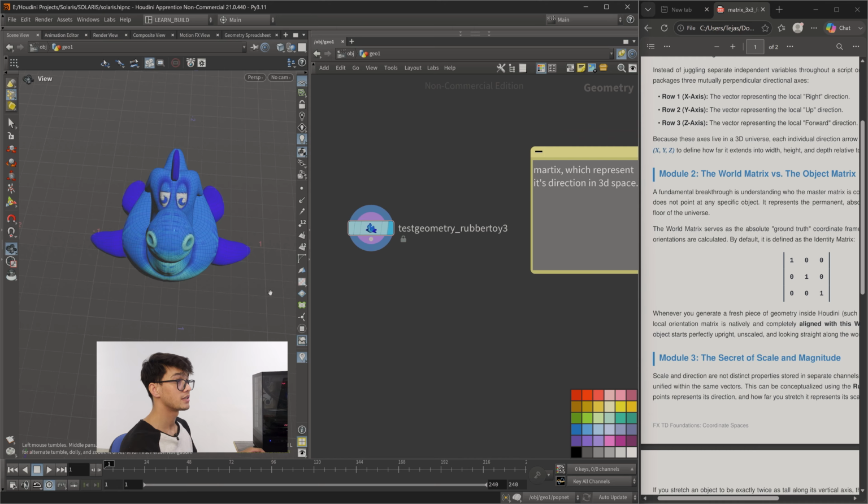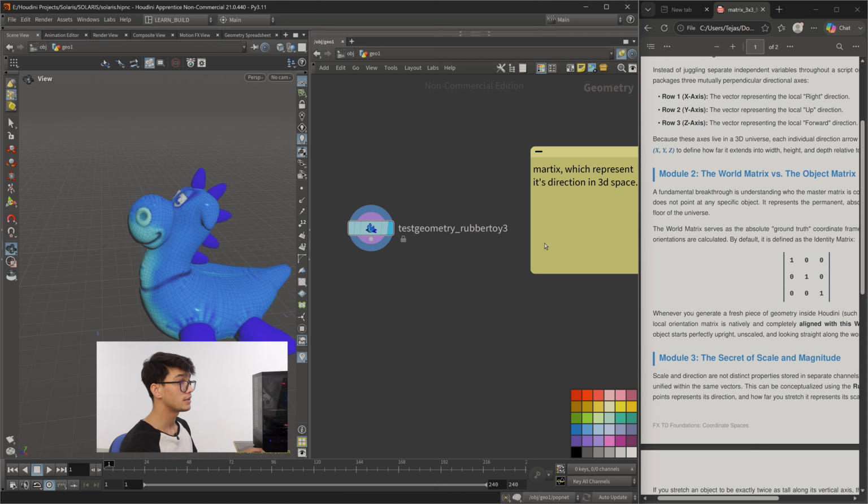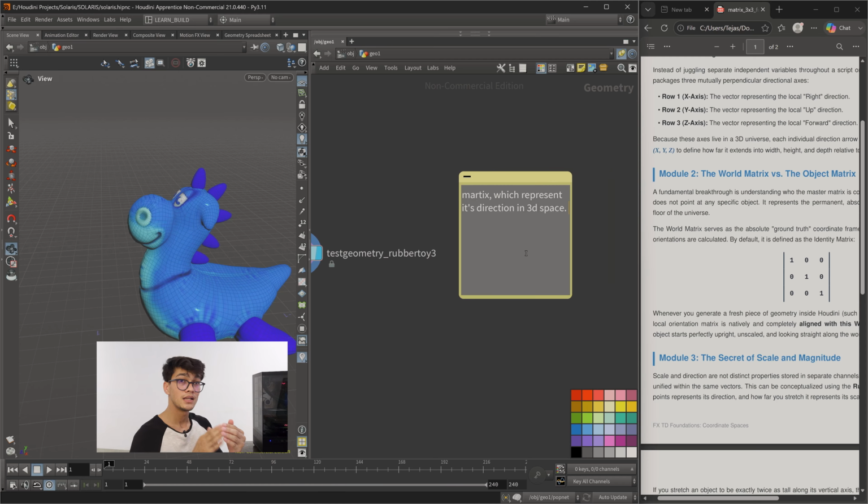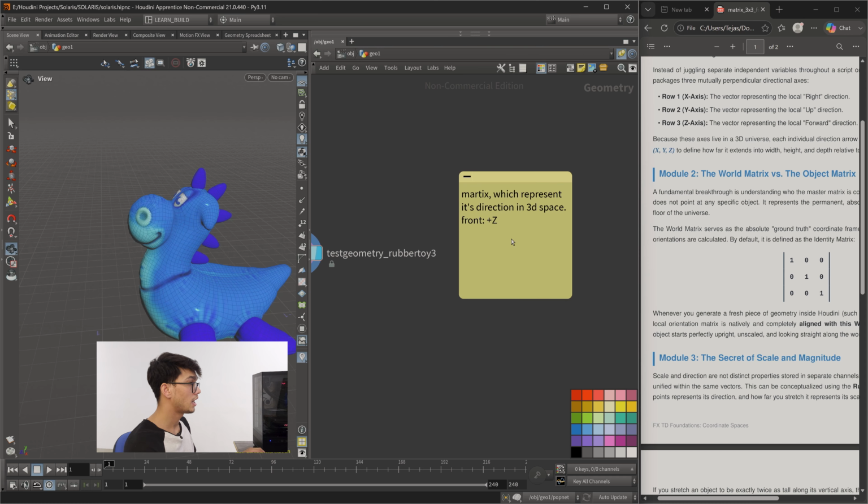We have its matrix, and it's saying that its front is in the positive z direction, and its top is facing positive y direction. So we have its front, which is facing positive z, and its top, which is facing positive y, right?